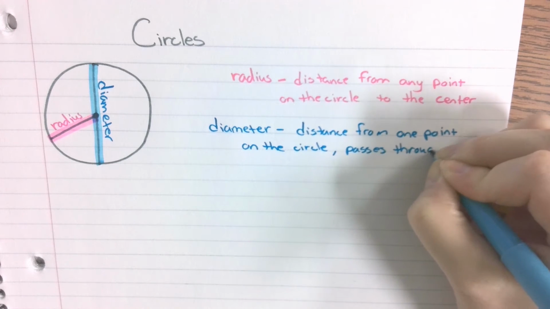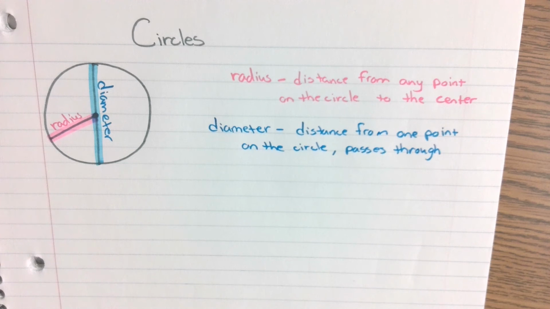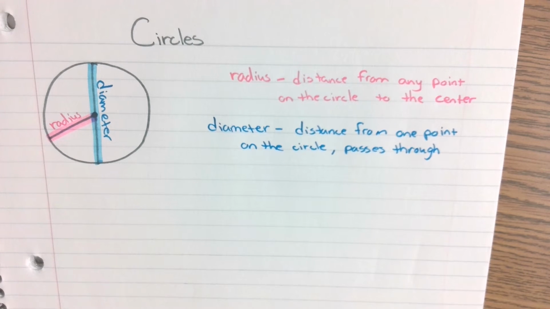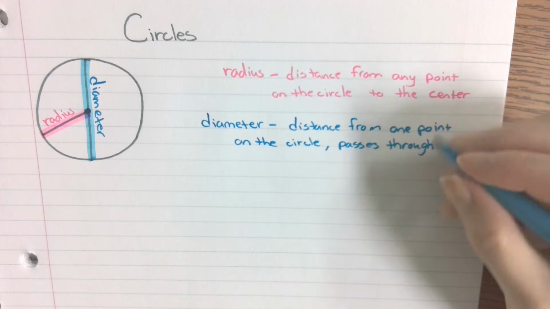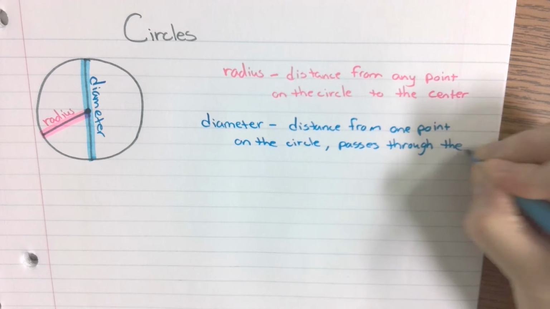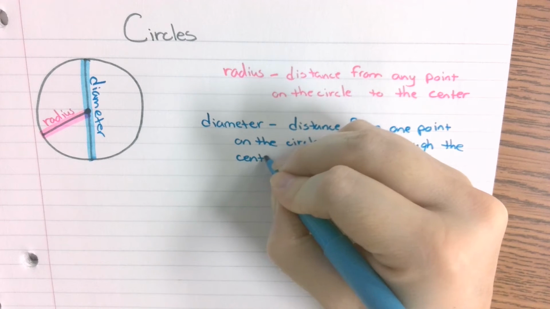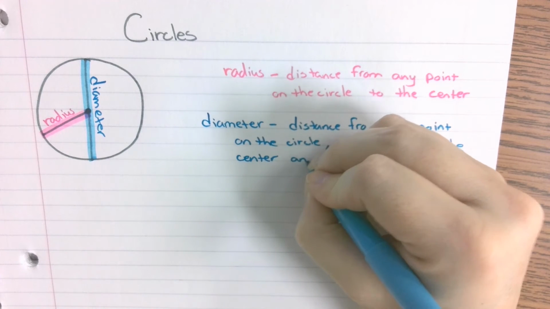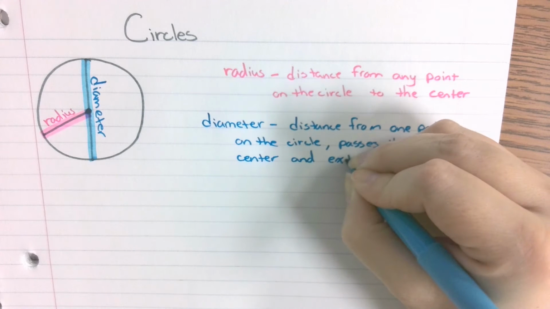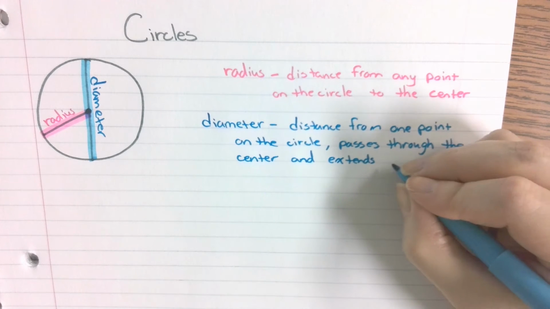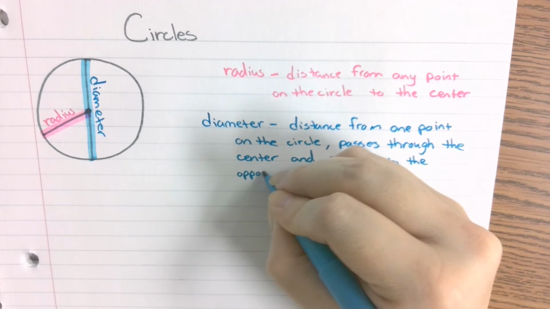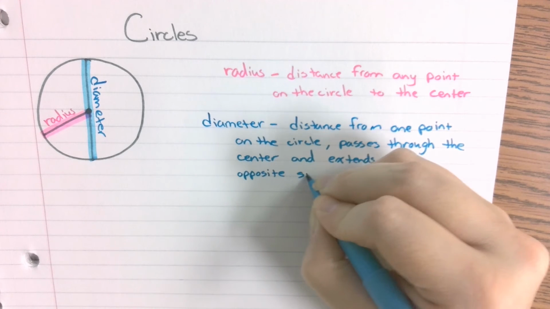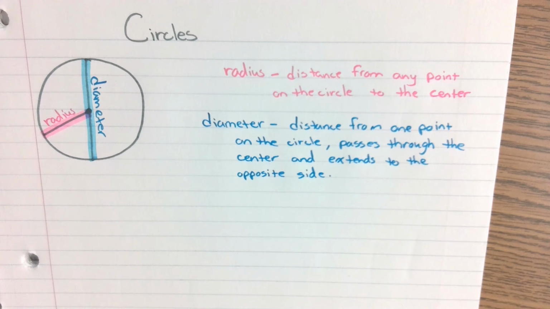So it has to pass through the center. If it doesn't pass through the center, then it's not considered a diameter. That would be considered a chord. So it passes through the center, and then it extends to the other side. It extends to that opposite side, or that opposite point.